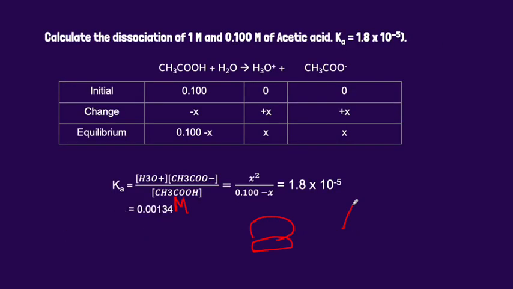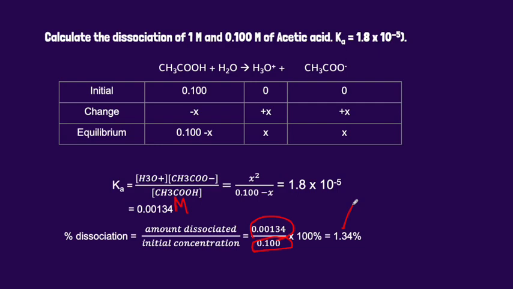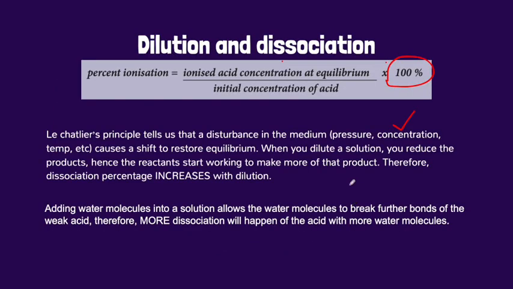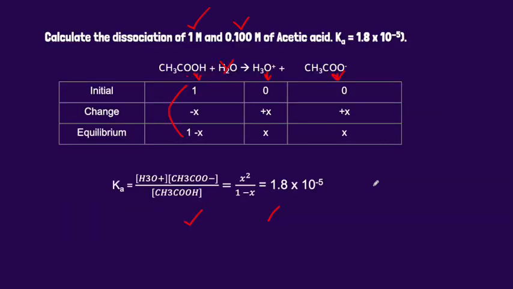In short, whenever we dilute a weak acid, the percent dissociation increases. This is the gist of what I just said. I will also write this as a bullet point.